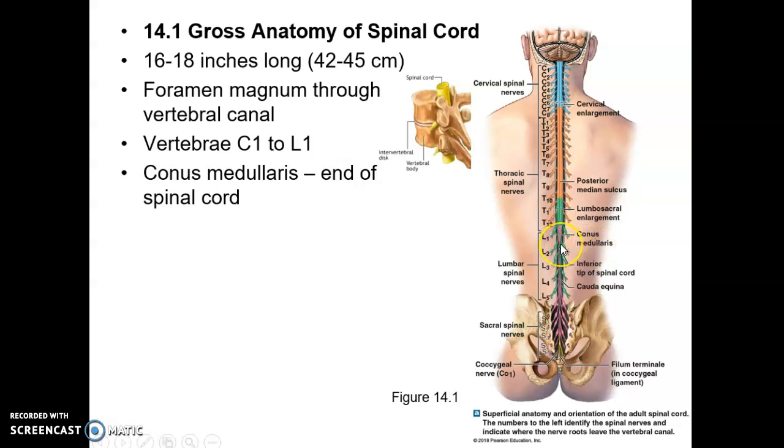And the reason your spinal cord ends there, even though your vertebral canal continues all the way down through the sacrum, is because developmentally, as we're growing as embryos, the central nervous system and the rest of the body systems are growing, and the spinal cord stops growing at a certain age of embryologic development, but the skeletal system continues to grow. So the vertebrae continue to enlarge and get longer and larger, and the spinal cord does not.